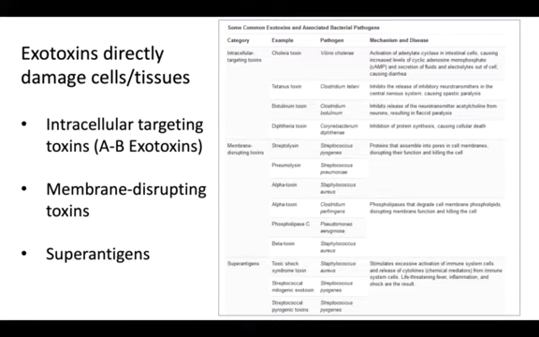Some of the examples of the superantigens are your toxic shock syndrome toxin caused by Staph aureus, and some streptococcal pyrogenic toxins. These are found in Streptococcus pyogenes. So luckily these superantigens aren't very common, but they are there in nature.